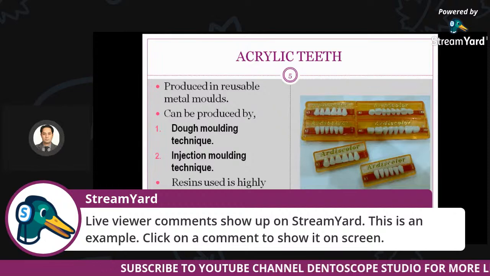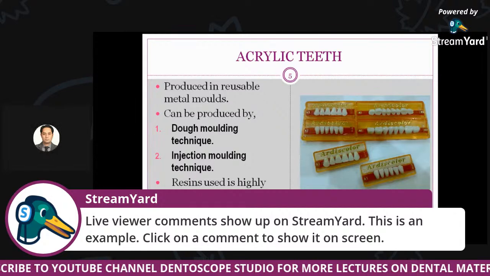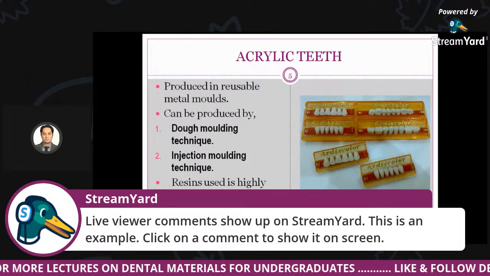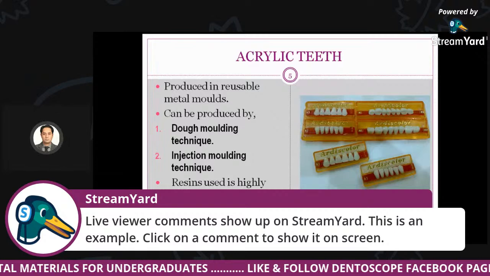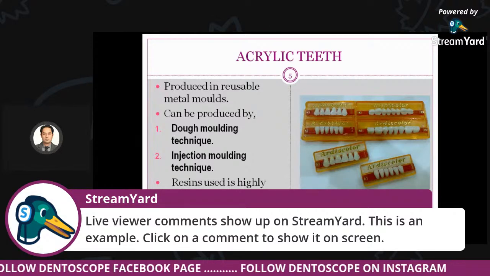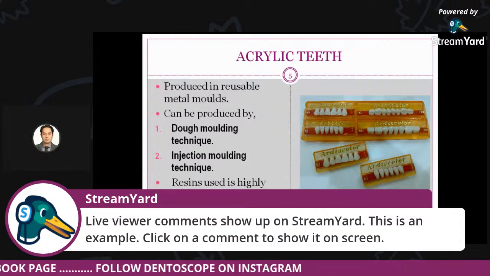But even if you give those brighter shade teeth to the patient, they are not going to look aesthetically good, because anyone can easily demarcate between the natural tooth and the artificial one.